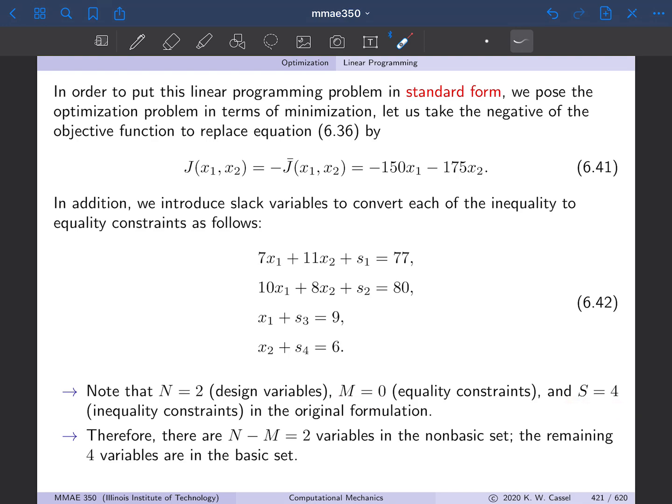So what does that mean for the non-basic and basic sets? Remember, n minus m, which in this case is 2, is the number of non-basic variables. That's the number of variables that must be 0 at the optimal solution. The remaining variables, of which there are 4, must be non-zero.